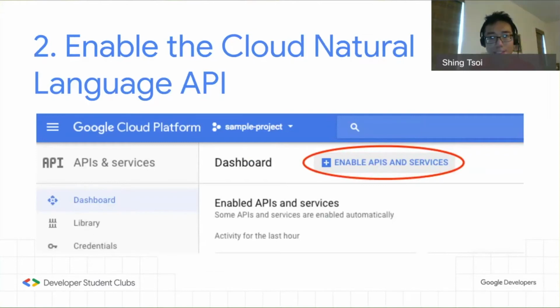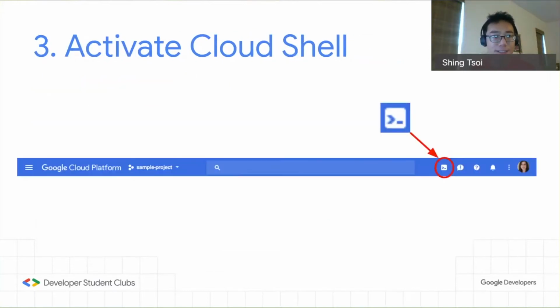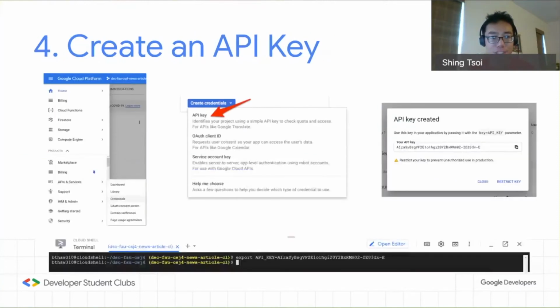And then you activate the Cloud Shell, which is the little icon on the top of the web page in the Google Cloud Platform console. And after that, you have to generate an API key, which allows you to make an API call to the natural language API's endpoint from the Cloud Shell. All the instructions are in the codelab, so you don't have to write it down.